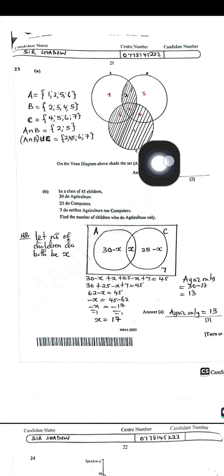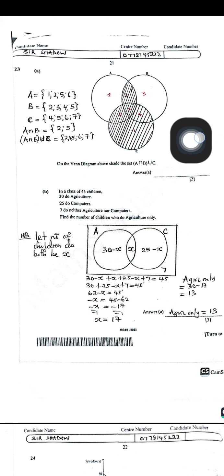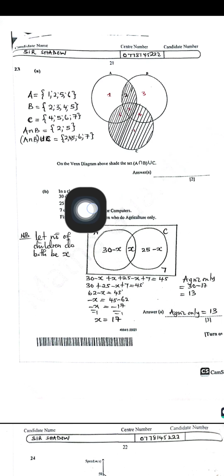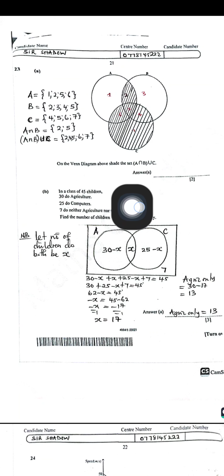But at some point, you might be given different questions and you won't be able to interpret that question and shade your diagram correctly. So I want to teach you this simple method on how to shade this set A intersect B union C on the Venn diagram.